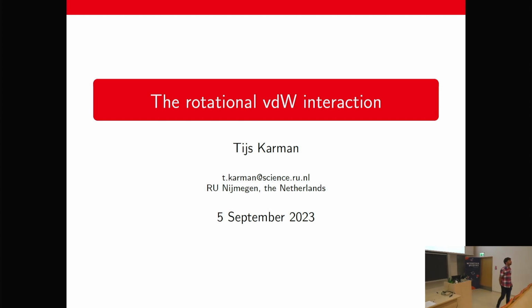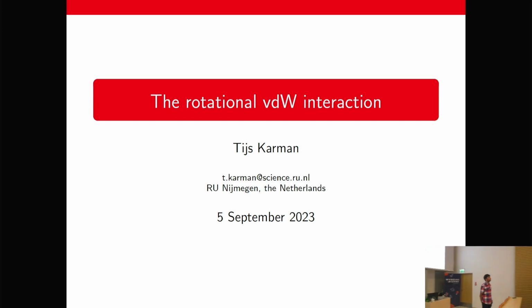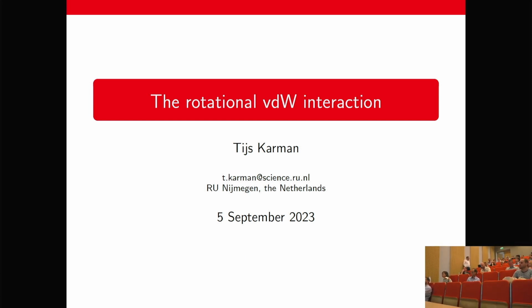So, Tijs, you showed us that the strength of the rotational dispersion dies off as the difference between the rotational numbers increases, and presumably it also dies off as you get higher rotation states. But you also mentioned that the turnover in it and the short range attraction that eventually kills it comes from excited rotational states.